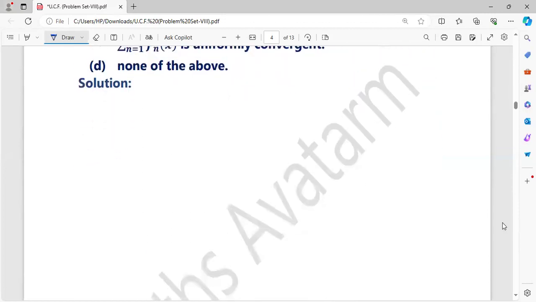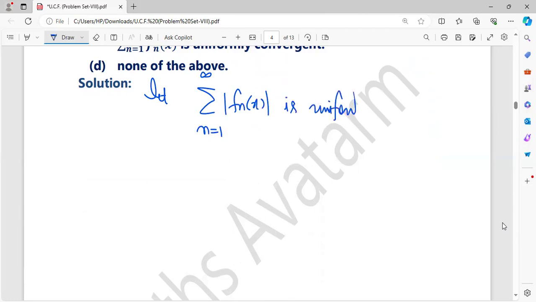So let this series summation fn(x) be uniformly convergent. Then this implies it is uniformly Cauchy.